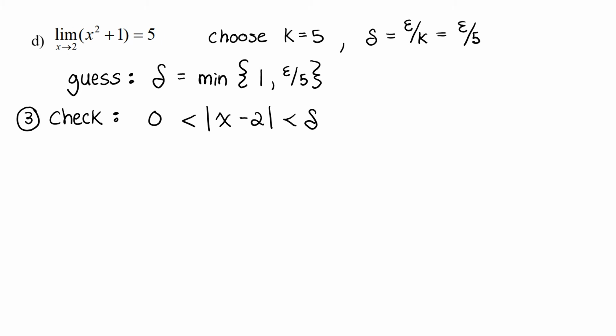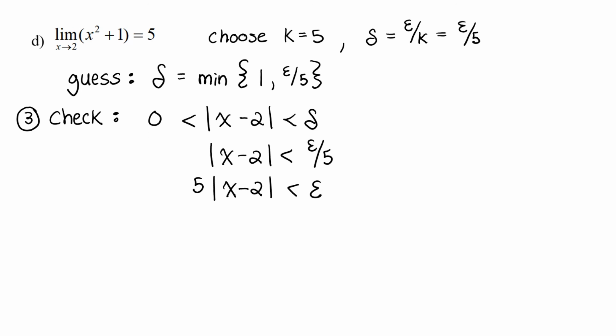And since we're really only trying to check this upper part of that, I'm going to drop the left side, because we're just worried about what's going on the right to prove the rest of our if-then statement, to show that this goes to epsilon. So now we have the absolute value of x minus 2 is less than, and we're testing delta is equal to epsilon over 5. And then we'll multiply both sides by 5. So we have 5 times the absolute value of x minus 2 is less than epsilon.